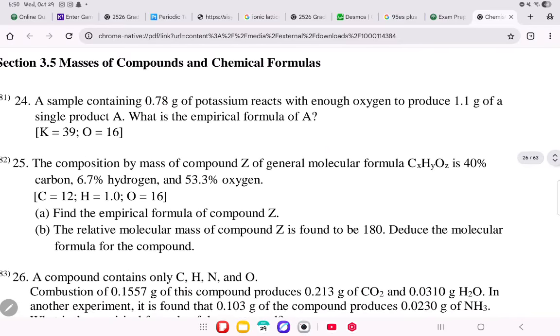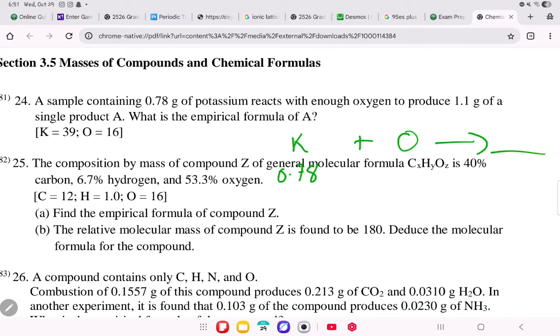So, potassium reacts with enough oxygen to produce 1.1 grams of a single product A. Okay? So 0.78 grams of potassium reacts with whatever mass of oxygen to produce 1.1 grams of this unknown substance.